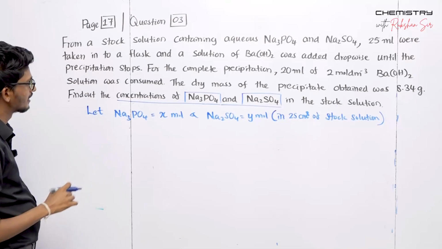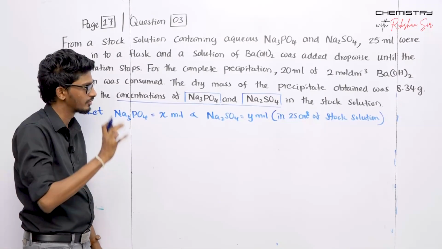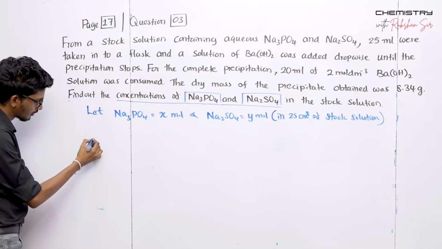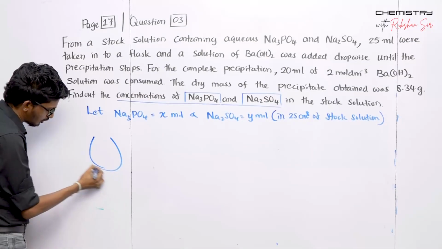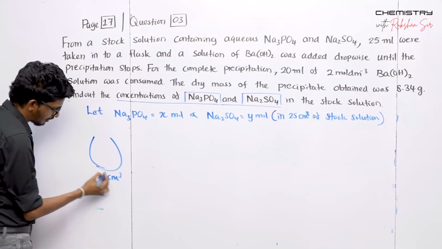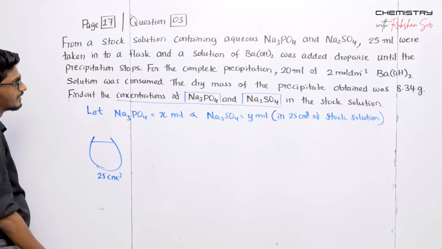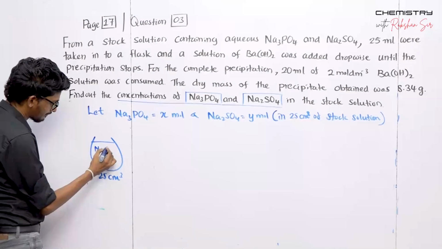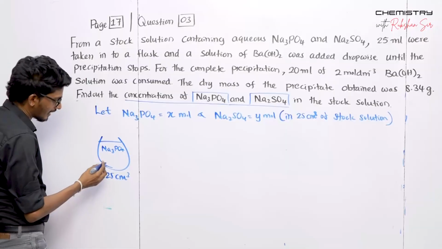You had a stock solution containing aqueous sodium phosphate and sodium sulfate, and you had taken 25 milliliters out from there. So you had 25 cubic centimeters of your stock solution. Now there you had the sodium phosphate and sodium sulfate.